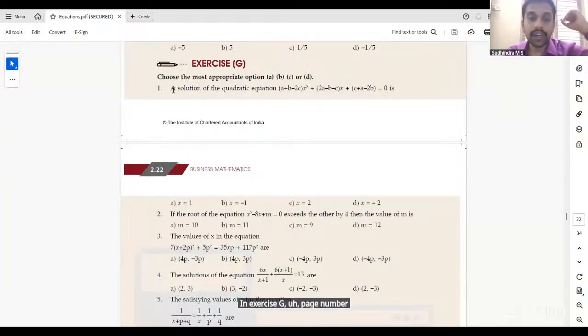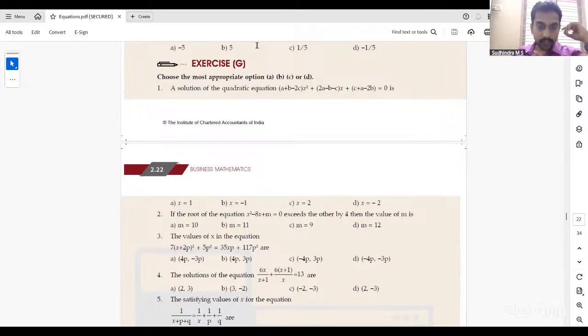In exercise G, page number 2.21, question number 1. Very good, Lahari. Correct. Ganavi, correct. Jeevan, correct.